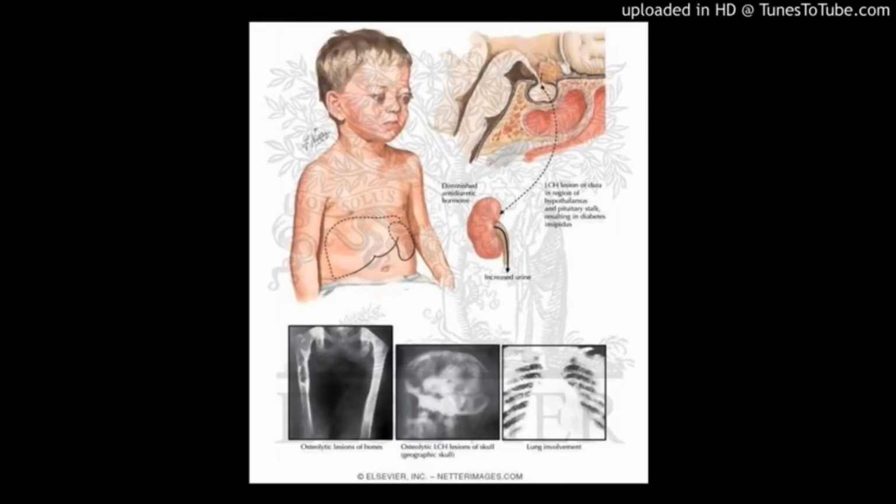Since then, activating mutations in several other genes in the pathway have been identified in a significant percentage of BRAF V600E negative LCH specimens, including MAP2K1, in-frame deletions plus another leading to upregulation of BRAF, and, less frequently, the CSF1 receptor, RAS, and ARAF.